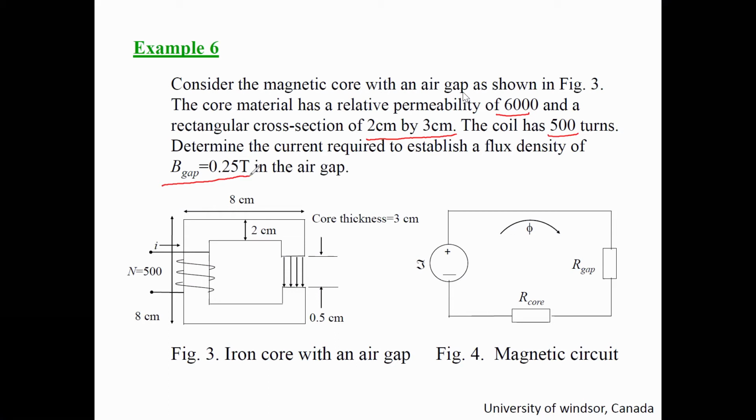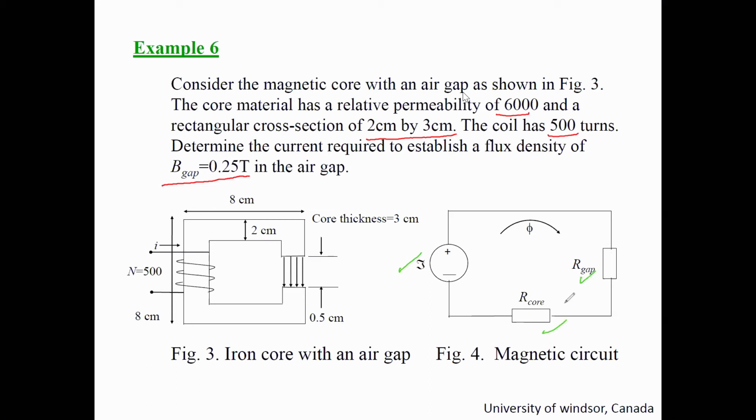So it's similar to example 4, where we had to find the density in the air gap knowing the current. Now we need to find the current knowing the density. It's exactly the opposite. Again, we have an air gap and we have the dimensions. So it's a little bit more difficult now because we need to deal with dimensions, but representation-wise the procedure is the same.